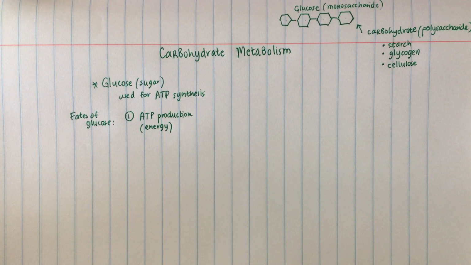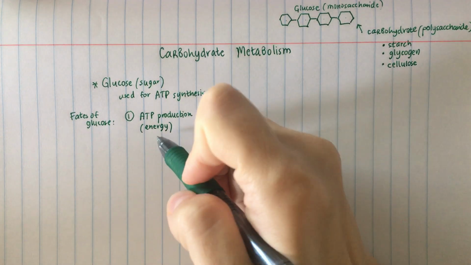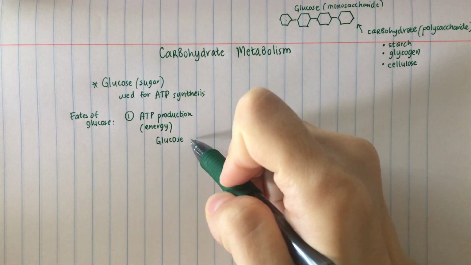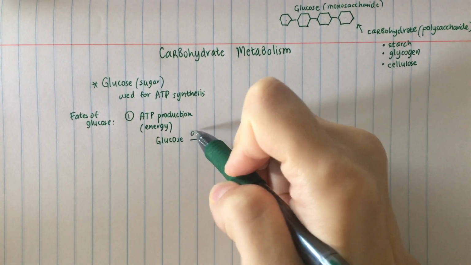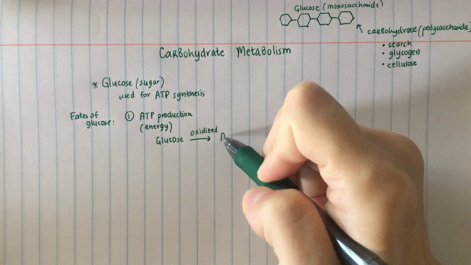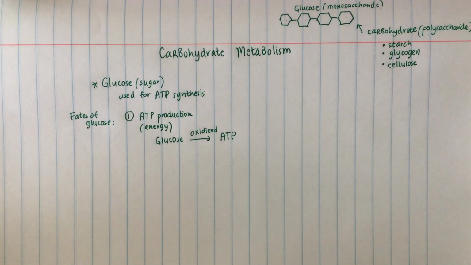So all body cells that require immediate energy oxidize glucose to produce ATP. So glucose is oxidized to form ATP. And this process actually has a name.